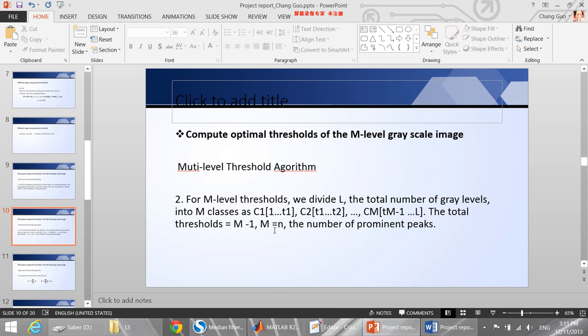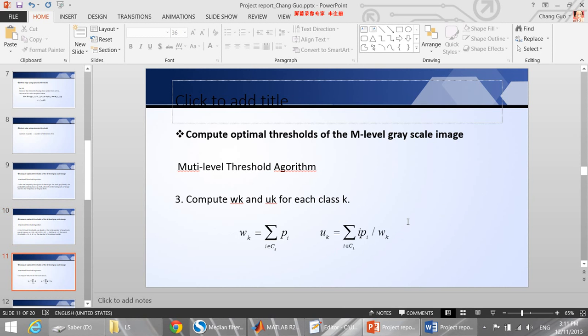M is equal to n, the number of the prominent peaks. Third, we compute Wk and Uk for each class k. This is the formula.